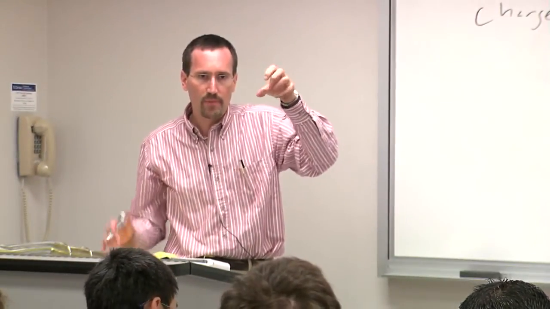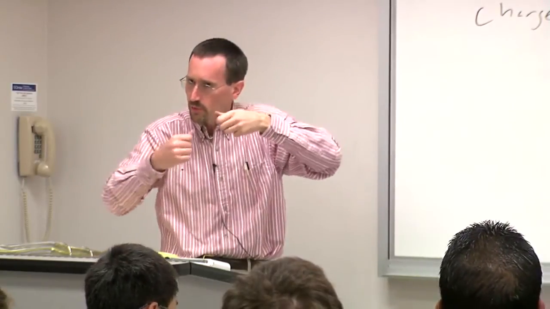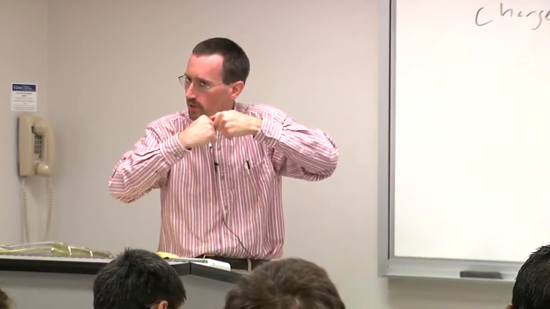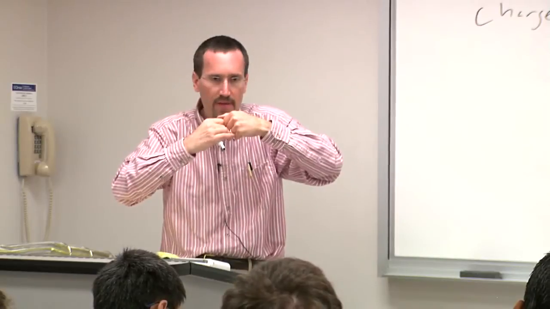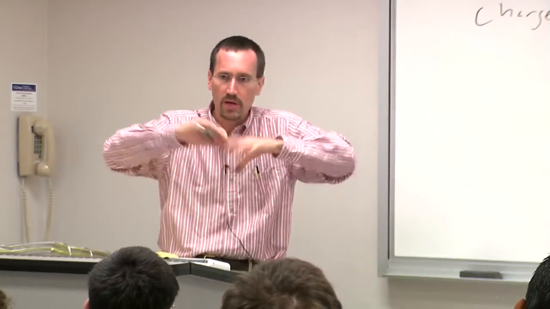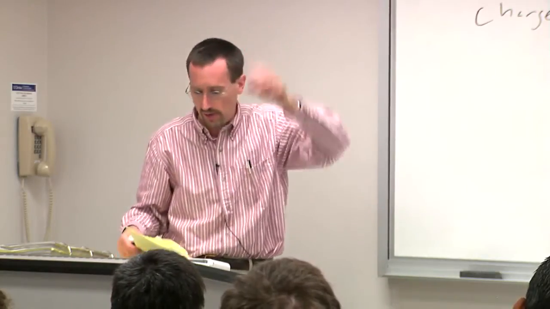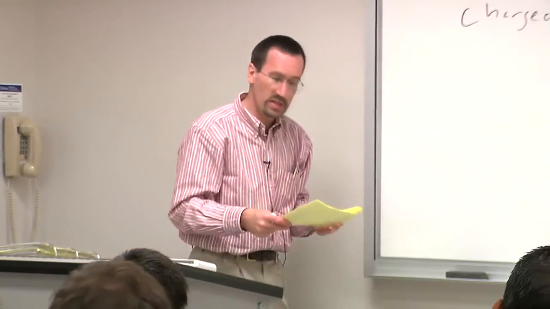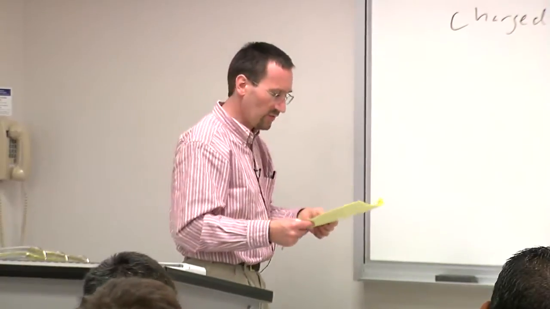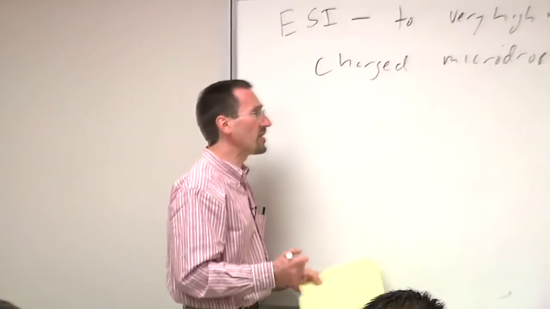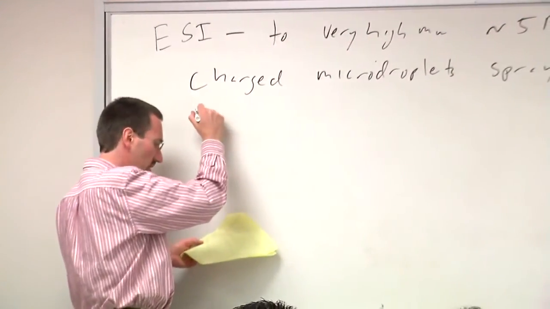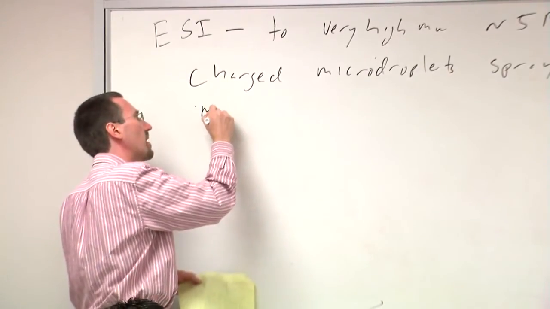The solvent evaporates. The charges, which are put on electrically, get closer and closer together as the solvent evaporates until they repel each other and the droplets shatter apart. Then you have more evaporation and more shattering. Eventually you get charged species free of solvent. So you often end up with multiply charged species for big molecules.